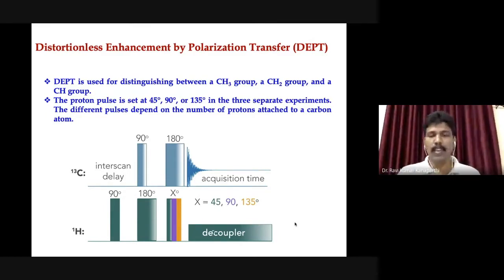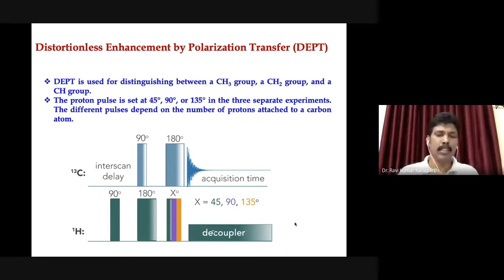But there are many instances where you want to know what type of carbon it is, and that kind of information we don't really get from the C13. Whether it is a tertiary, primary, or quaternary carbon, this information we don't get from the C13.